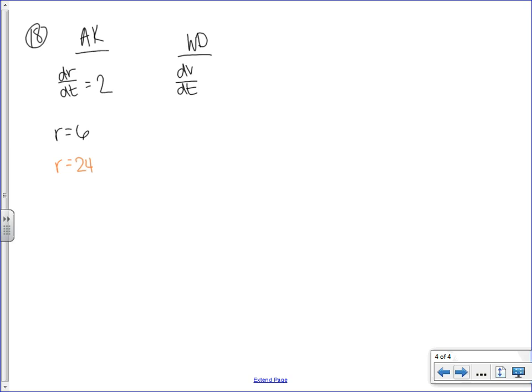So let's see, I'm talking about volume. Volume of a sphere, that formula is V equals 4/3 pi r cubed. Because we all memorize that one, right? Take the derivative of both sides. Here I'm going to get dV/dt.